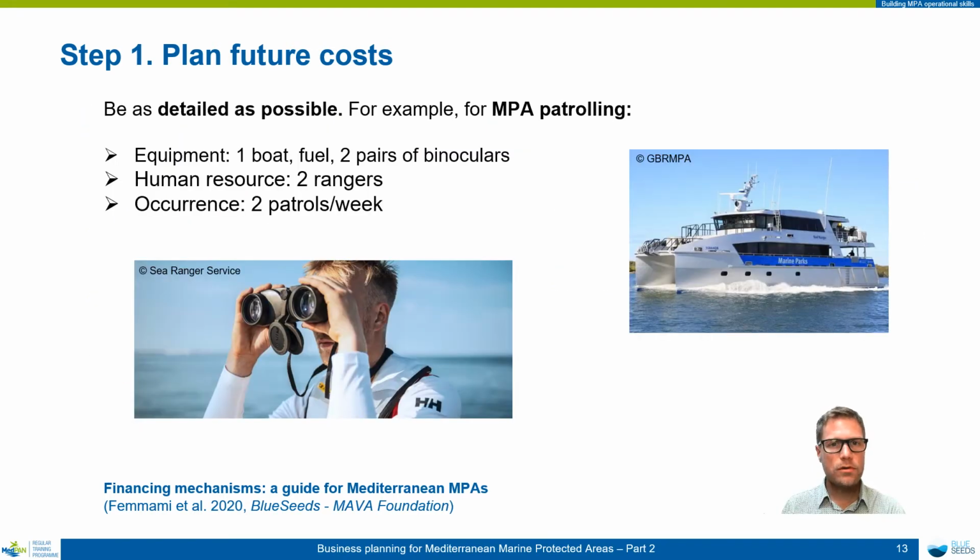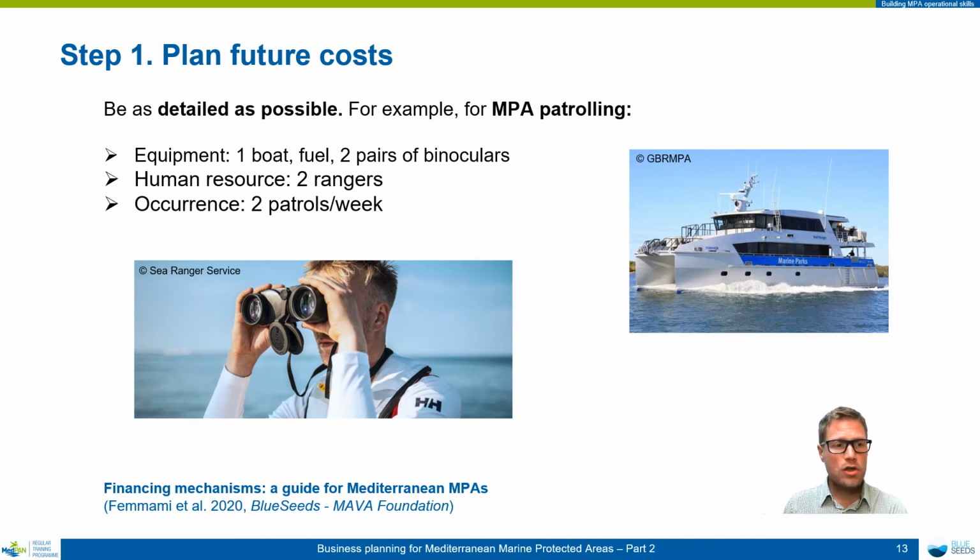It is important to stress that during this phase, when you are listing all the activities necessary to reach your conservation objectives, you need to be as detailed as possible. For example, if you are listing the enforcement activities like MPA patrolling, you literally need to think about every type of equipment needed, the human resources, and the occurrence of this activity.